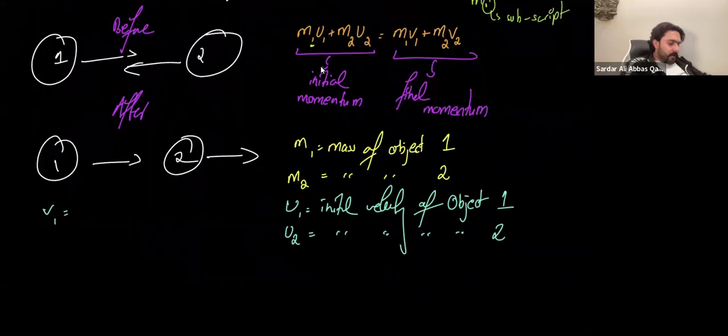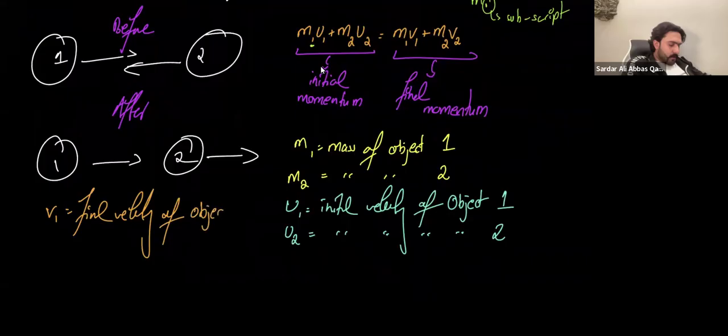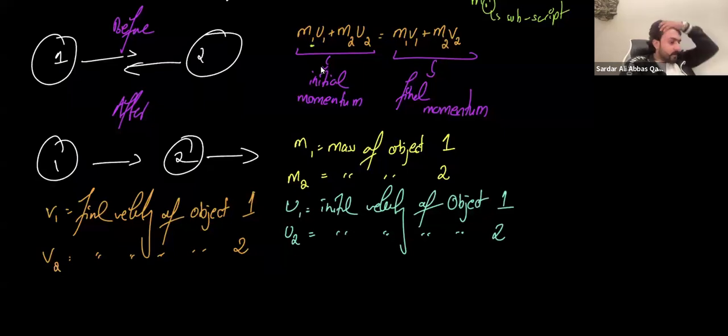Then V1 is the final velocity of object 1 and V2 is the final velocity of object 2. Note this down. This is very important so you do not mess this up.